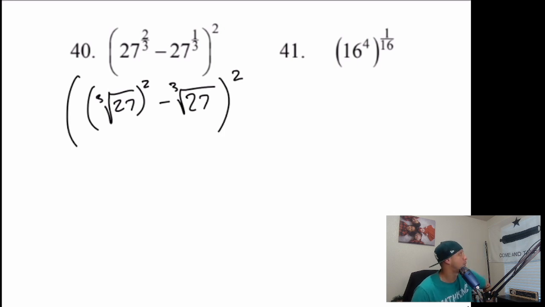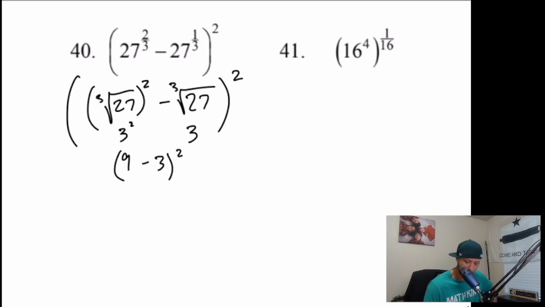Cubed root of 27 is 3. We come across that quite a bit. And here we have 3 squared, so this is going to be 9. So 9 minus 3, squared. 9 minus 3 is 6. Squared would be 36.